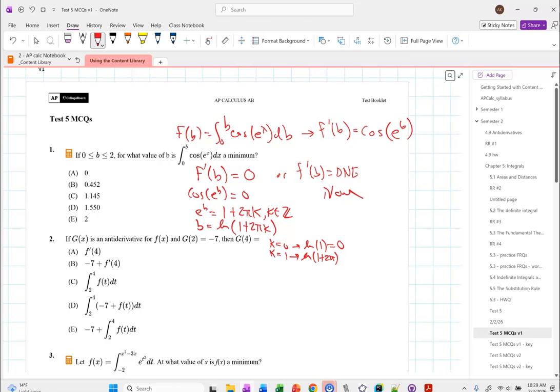Cosine inverse of 0 should be pi over 2. That should just be plus pi k. Yikes! Right? Cosine of 0 is 1. Cosine inverse of 0 is pi over 2, or 3 pi over 2, etc. Right?